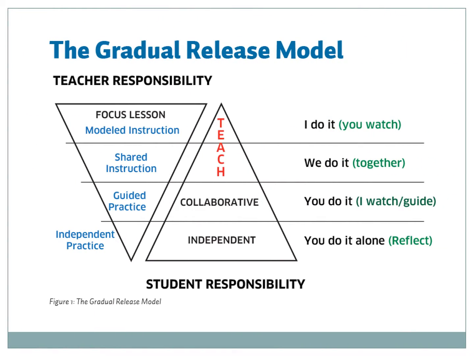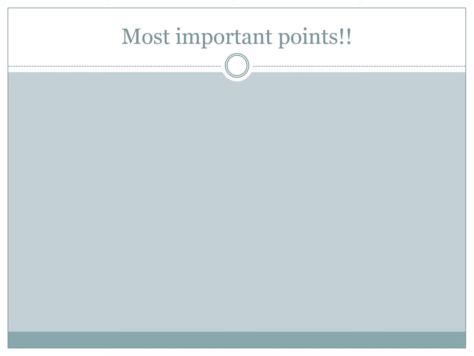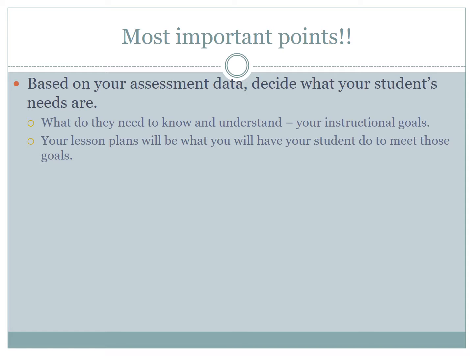Using the gradual release, especially if it's a new skill, you always start with modeled lesson planning, and then you slowly work to the point where students can perform the skill independently. The most important points for the lesson planning are they are data-based.